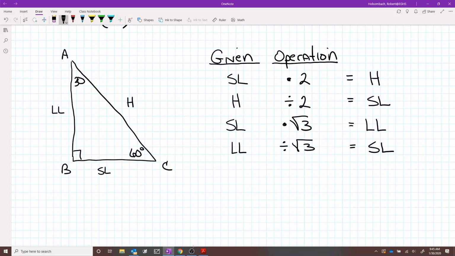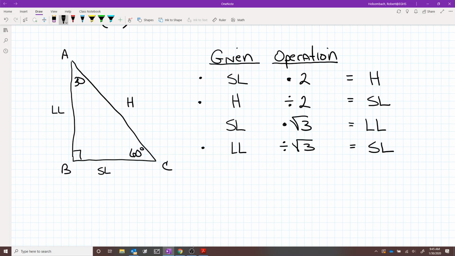So you have to be given one thing. They have to give you one of the side lengths. So here's what you do if they give you the short leg, here's what you do if they give you the hypotenuse, and here's what you do if they give you the long leg. Those are the operations you use to find the other side lengths. Does that make any sense?